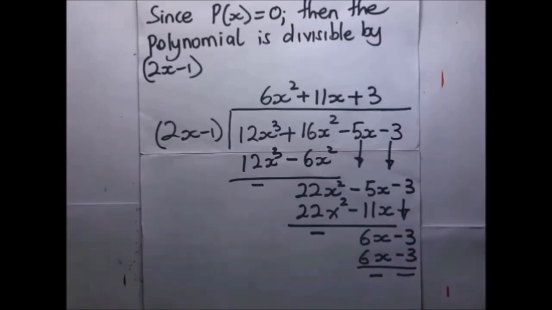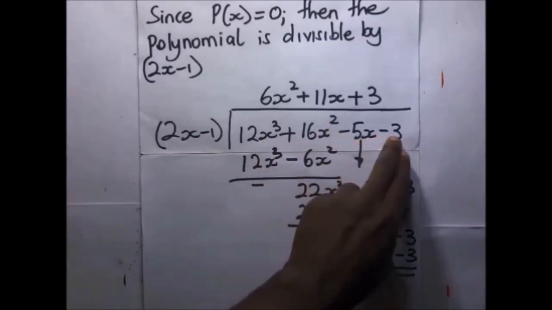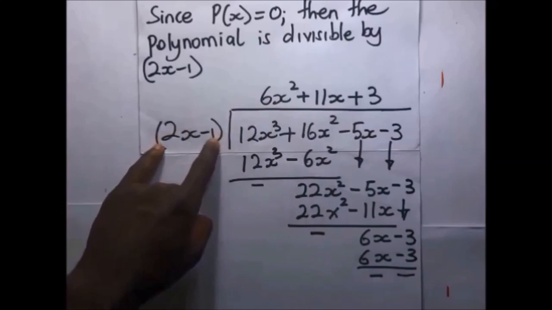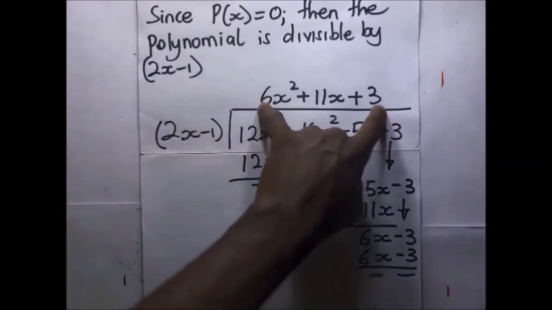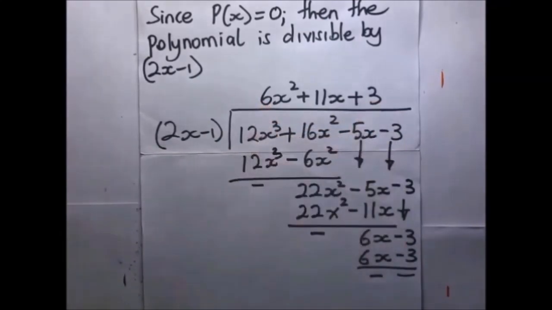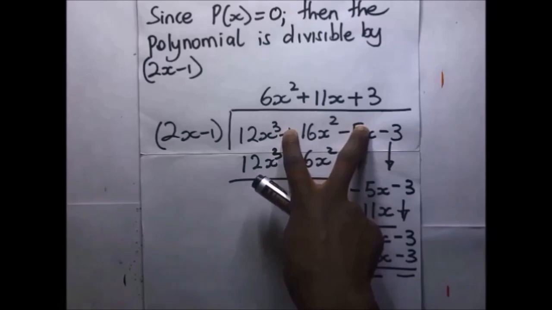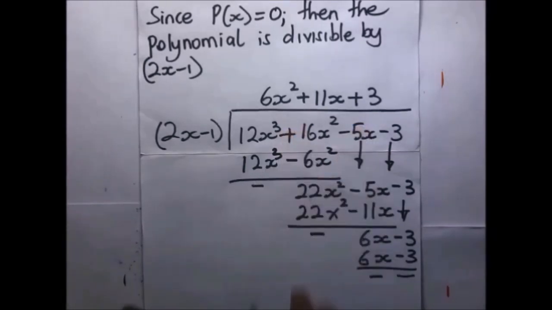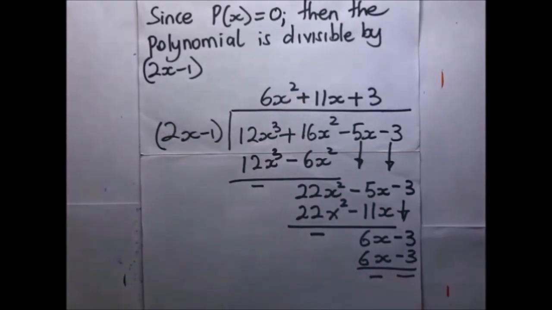So we are having our polynomial 12x cubed plus 16x squared minus 5x minus 3. When we divide it by this linear function 2x minus 1, we shall end up with the quotient being 6x squared plus 11x plus 3. So it means, according to our general setup for the polynomial, when we divide, our polynomial p of x is going to be equal to this times that, with no remainder.